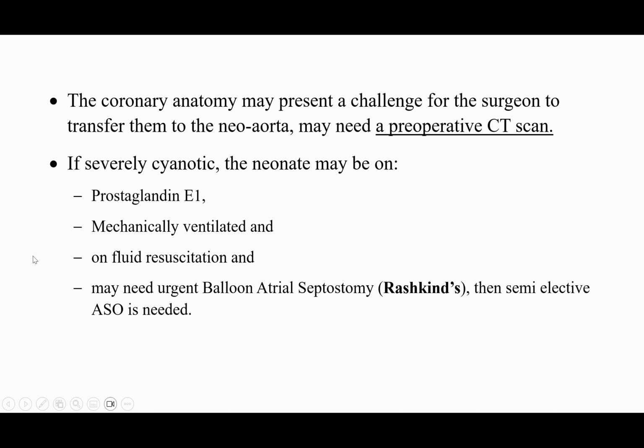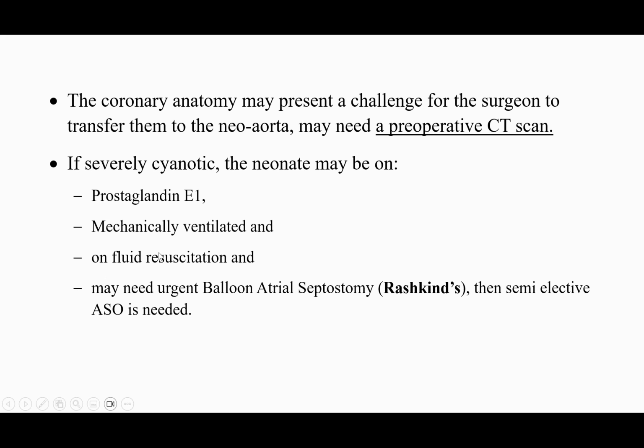And dehydration is common because usually these patients are born elsewhere, and then after a while they are diagnosed with a TGA, and then they search for a specialized center to do the surgery, and then the patient is transferred, maybe across cities or across the governorates to reach the hospital.